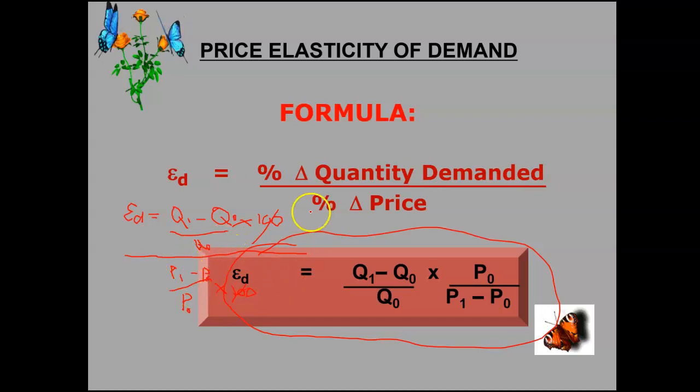Yang ini ni warna atas. Okay, so jadilah darab dengan P0 bahagi dengan P1 minus P0. Okay, kamu nampak macam mana formula ni boleh jadi macam ni. So kalau kamu nak ingatkan senang saja. Madam suka suruh my student dulu nyanyi. Okay, ki ko ko time po pi po.